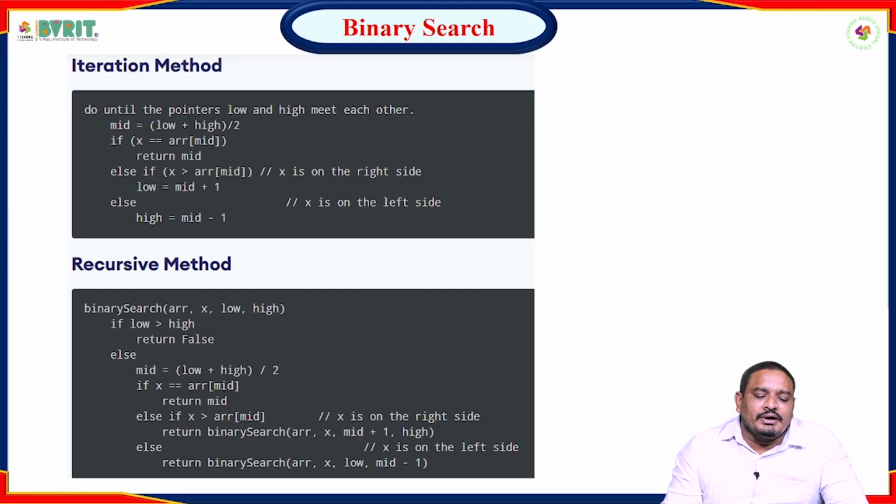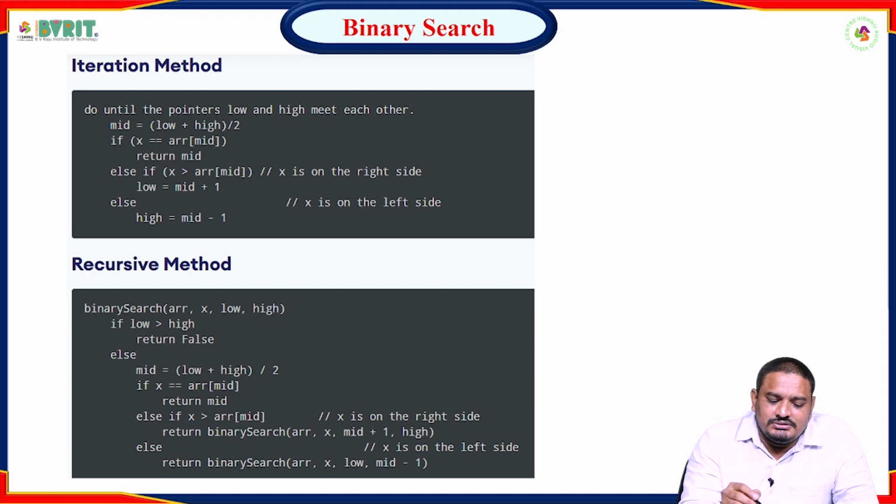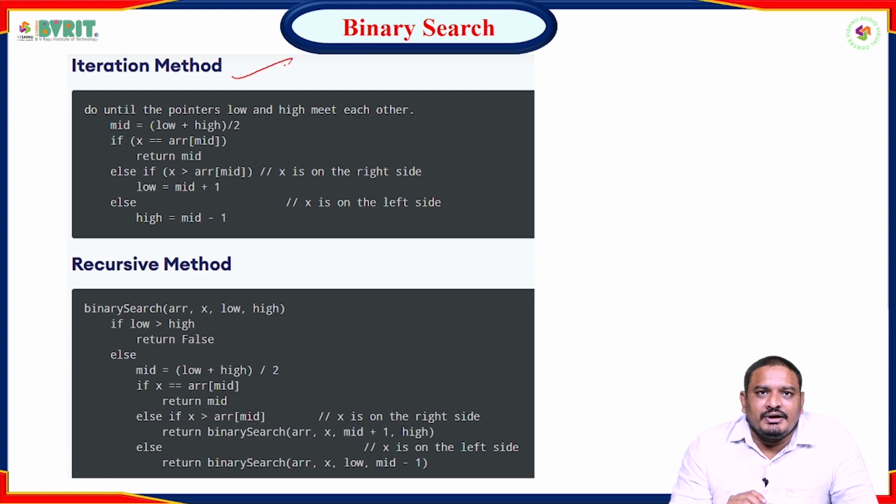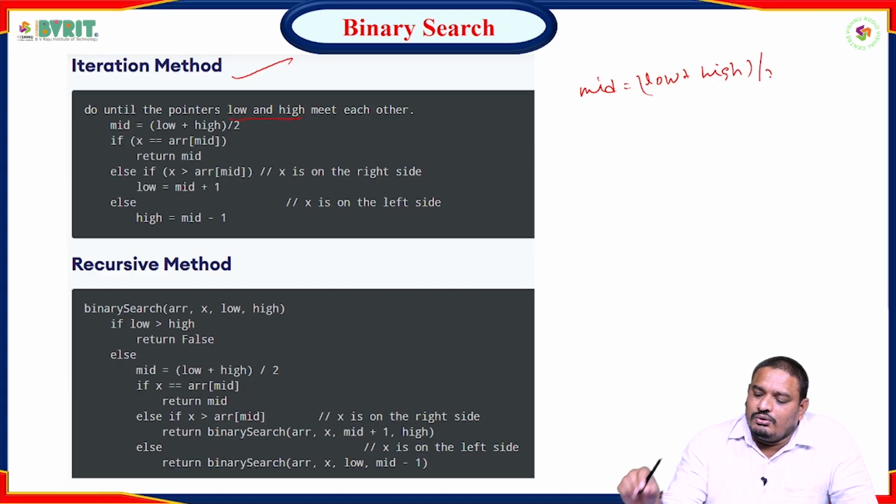Coming to the iterative method, first we have to find the middle position of the element. Until the low and high pointers meet each other, first we find the mid position: mid equals low plus high by 2.